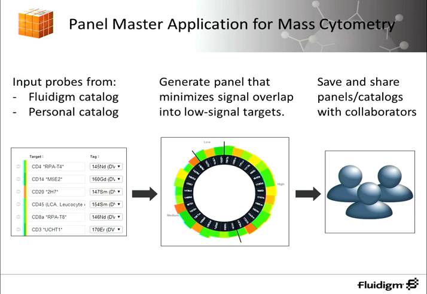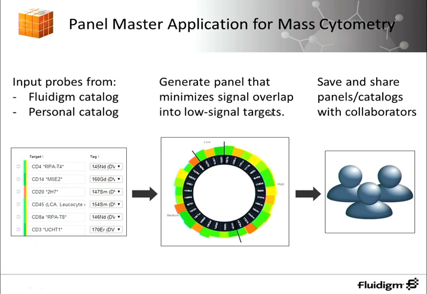Or you can enter reagents that you have produced yourself or markers that you haven't utilized yet but you want to assign channels to. You would then enter information about the signal expected from that marker, and then the panel designer will generate a panel that minimizes signal overlap into these very important low signal targets.